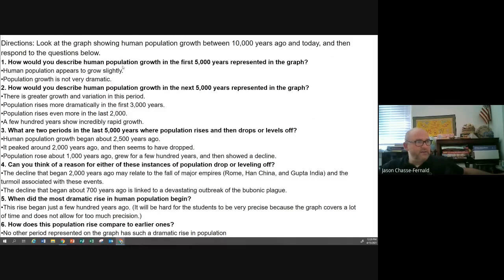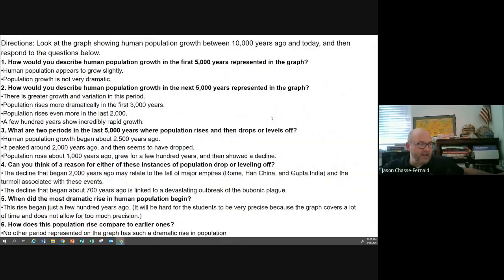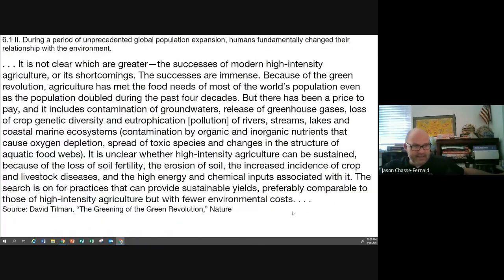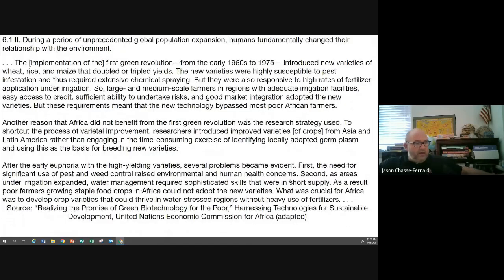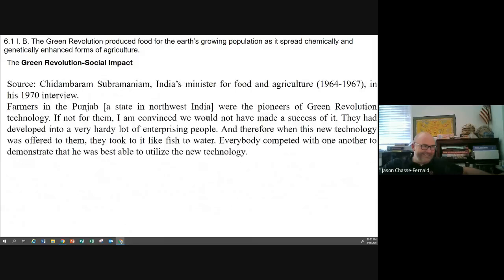All right, so this is just looking at population numbers as a whole. This is not really a document, but it is a good one to read through as well. And another. There are so many Green Revolution documents out there. Notice a lot of them are India, right?